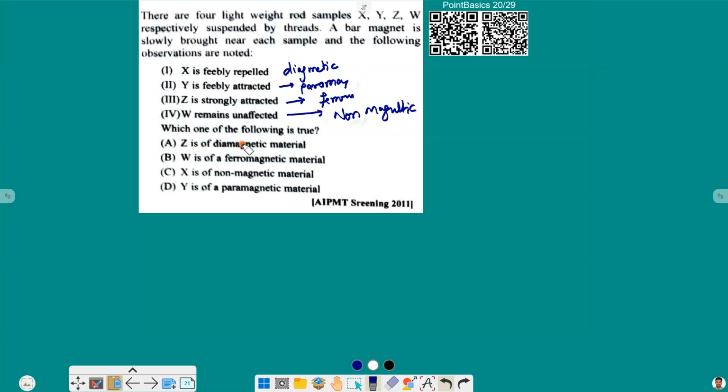So Z is diamagnetic? No, Z is ferromagnetic. So it is wrong. W is ferromagnetic? W is non-magnetic. So it is wrong. X is non-magnetic? X is diamagnetic here. So it is wrong. Y is paramagnetic. So Y is paramagnetic. So option D will be the right answer here.